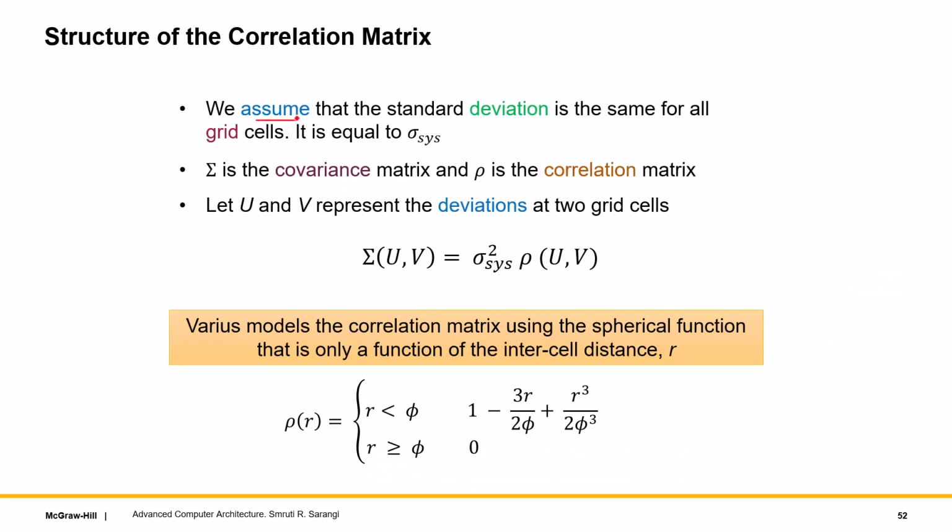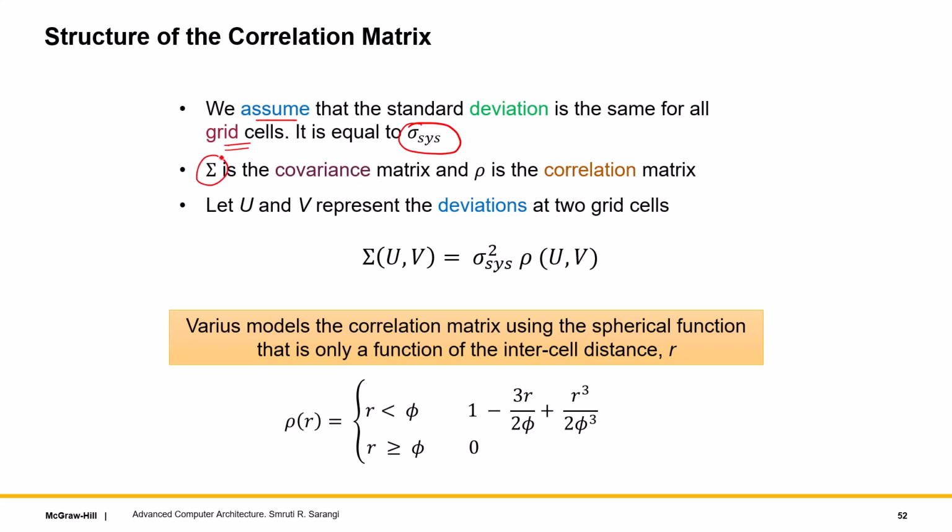Let's make an assumption which is reasonably well founded in practice, that the standard deviation is the same for all grid cells. This is not a very bizarre assumption. Let this be sigma sys, or sigma systematic.